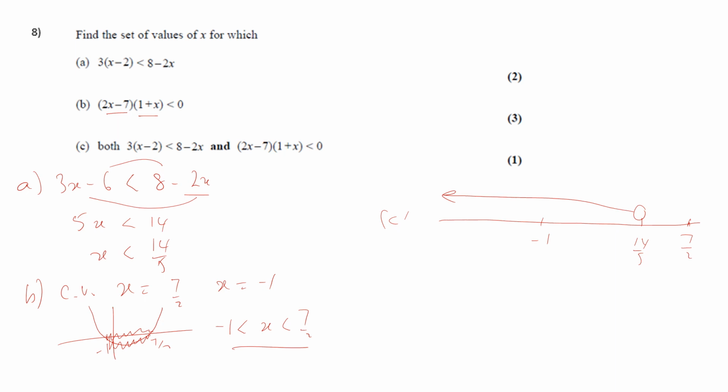And we know that it goes in a range between those 2 points. So this bit here is where the two inequalities overlap. So minus 1 is less than x, which is less than 14 over 5. That's the answer to part C, where the two overlap.